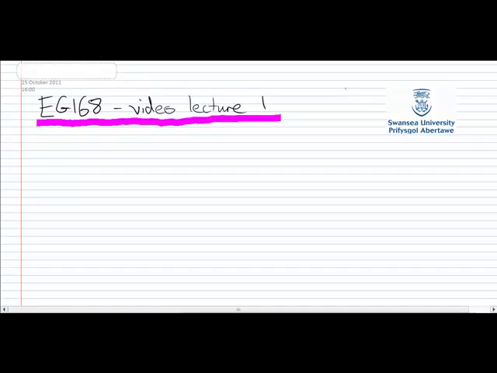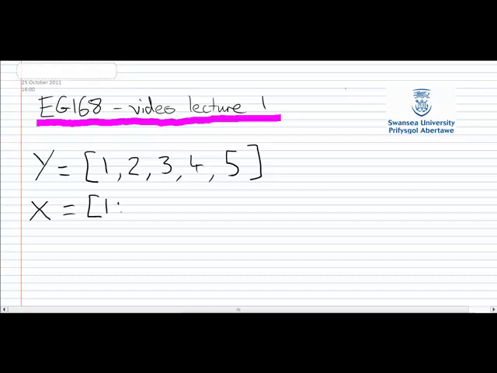So we also discussed different ways of constructing 1D arrays, and there was just the simplest case where if we wanted to create the vector y, we could just simply type the numbers in using this syntax here, the square bracket 1, 2, 3, 4, 5, for example, and that would just create the row vector 1, 2, 3, 4, 5, or if we wanted to create a column vector, we would have to type this into MATLAB using semicolons to separate the numbers. And that would create the column vector 1, 2, 3, 4, 5.